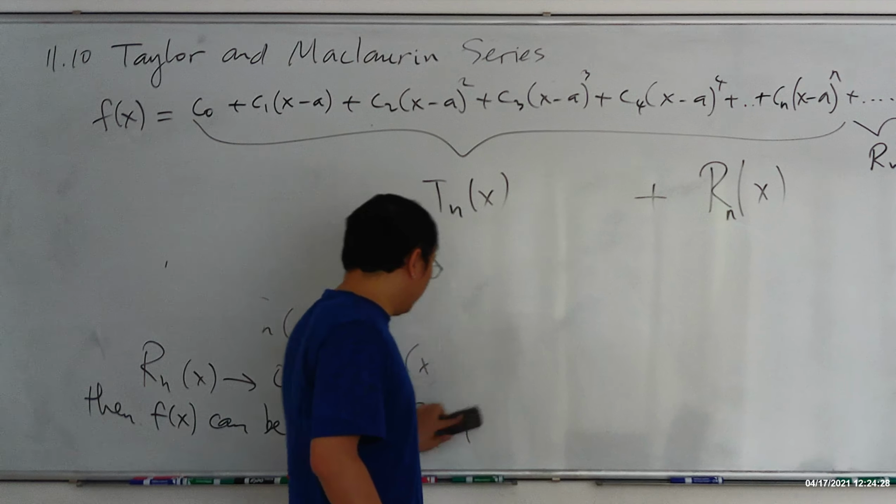Okay. So you can write the function as a Taylor series plus the remainder, and you take the derivative of that function n plus 1 times, you can find the bound for the remainder, then you can guarantee that the error that you are making is no more than this.